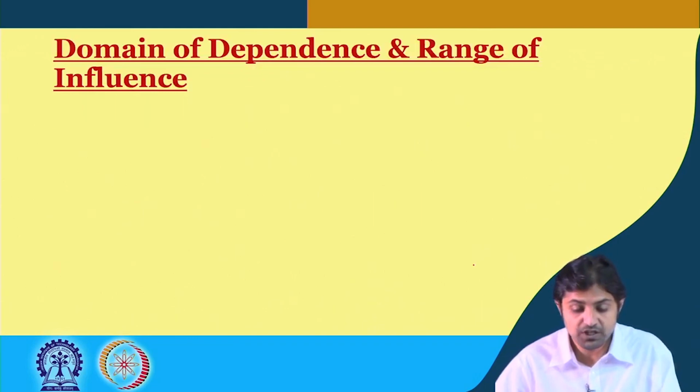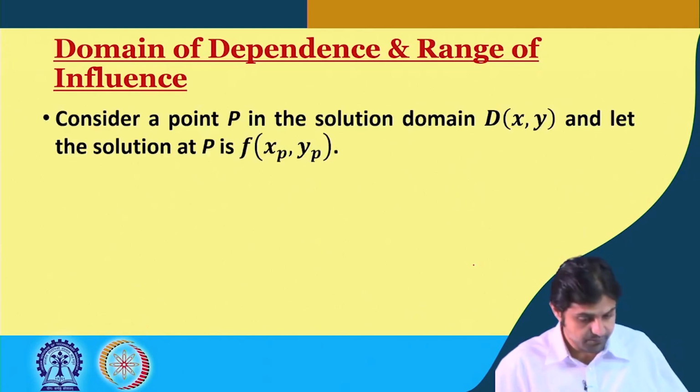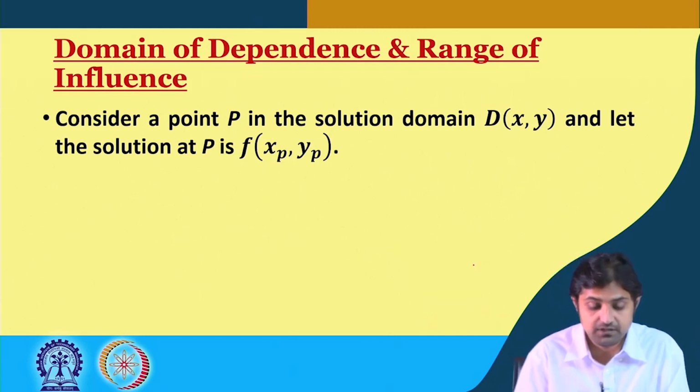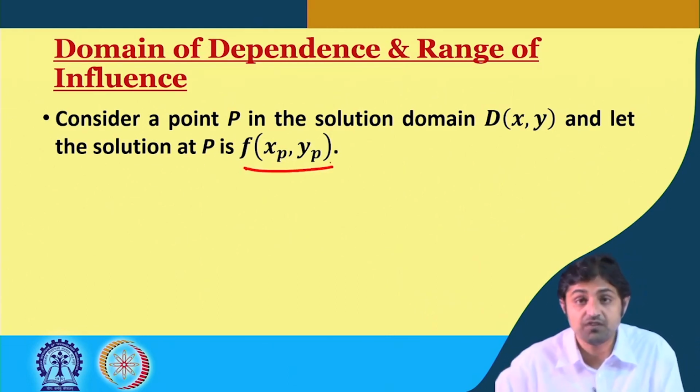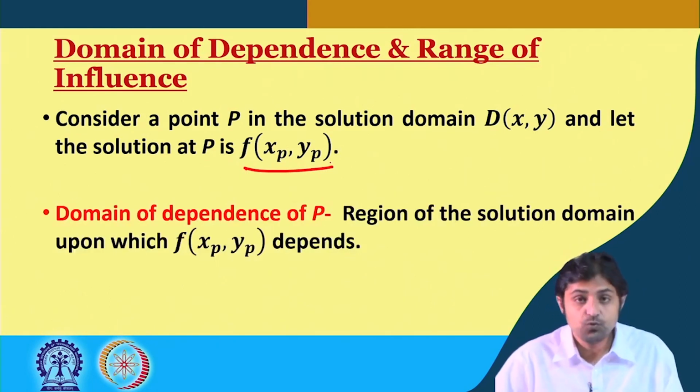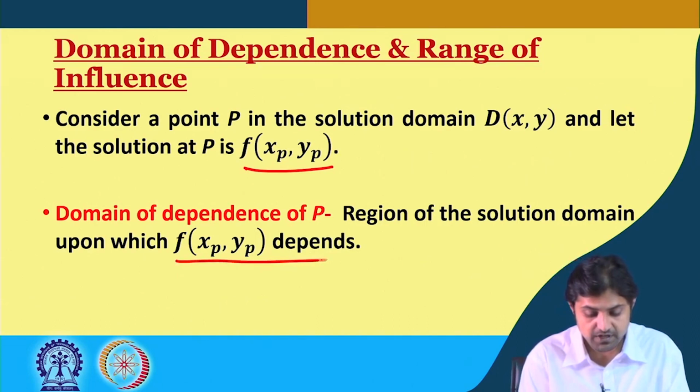Now, going to domain of dependence and range of influence. If we consider a point P in the solution domain, and let the solution at that particular point P be f of xp comma yp, we assume that, then the domain of dependence of P is the region of solution domain upon which f of xp yp depends.